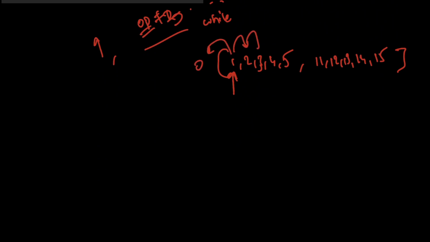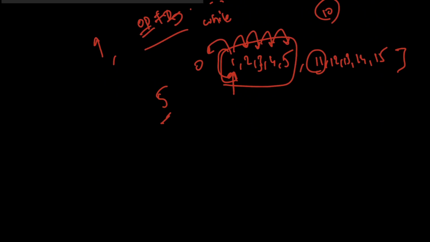I add one, add one, add one, add one. So I get one chain and I get the output as 5. Similarly, I go to 11. I see that there is no 10 present in the set. So I add one, add one, add one, add one. I get 5 here as well. But for 12, 13, 14, 15, I just skip them because the previous elements are present in the set.